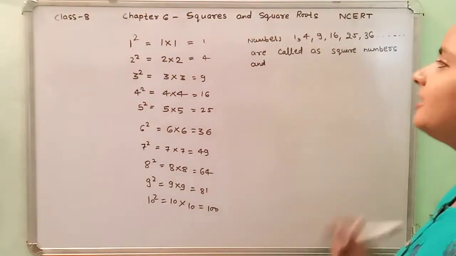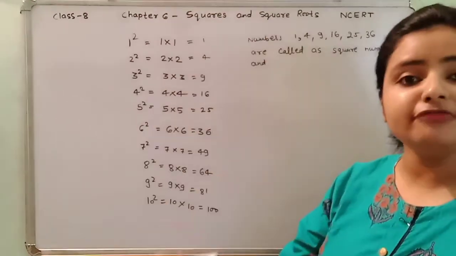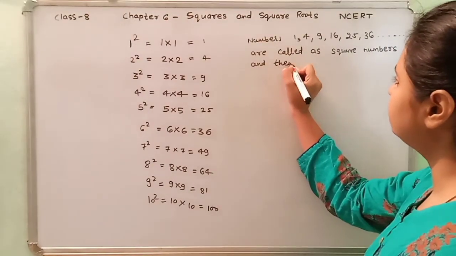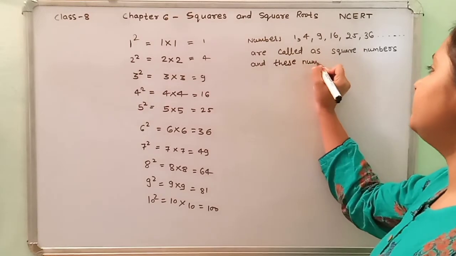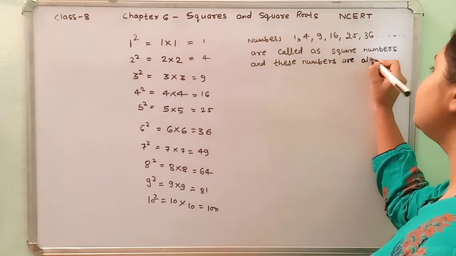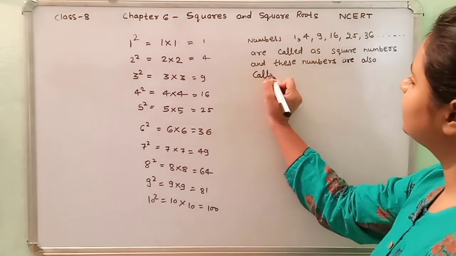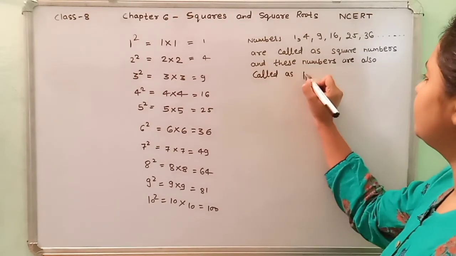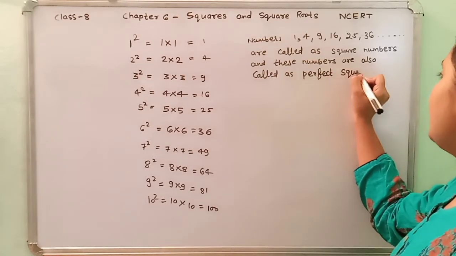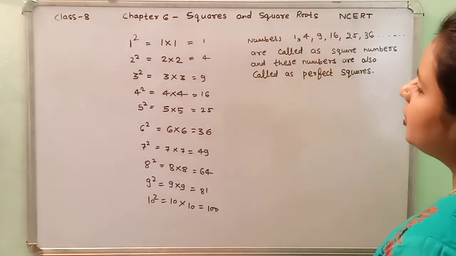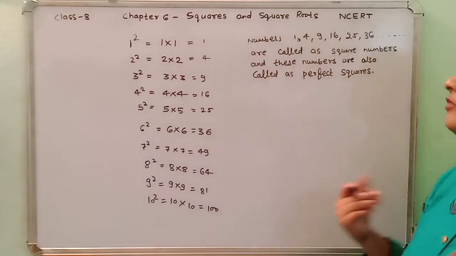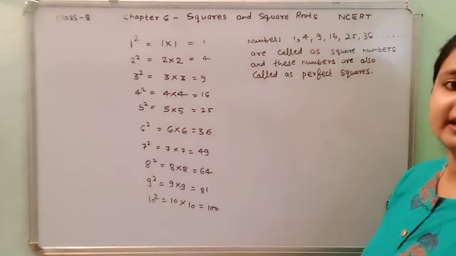And these numbers are also called perfect squares. Fine. So I think you understand what a square is and how we can find the square of any number.